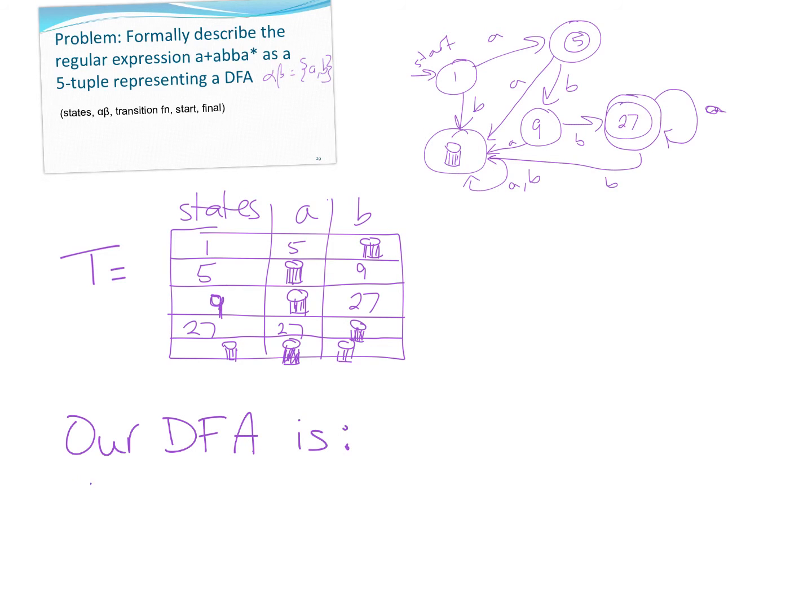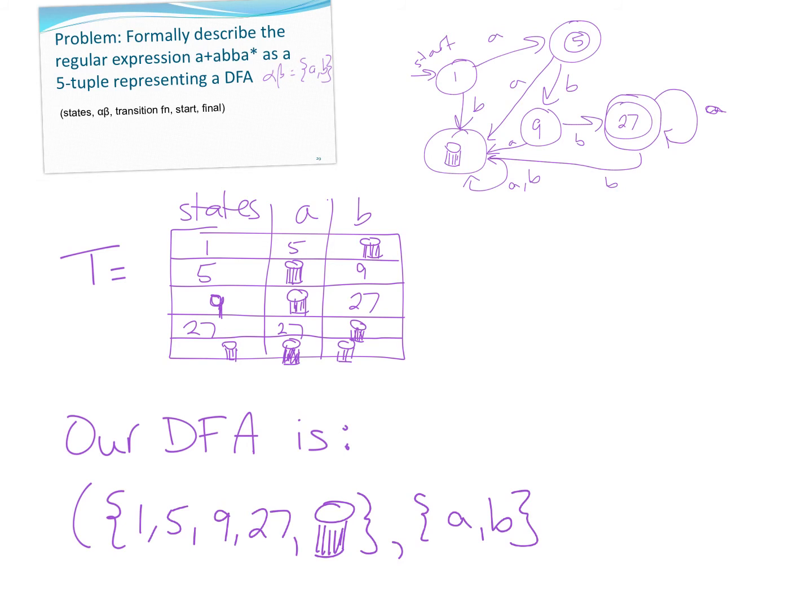is a 5 tuple. The first thing we need to say is our states, right? So we have an interesting list of states. Today our states are 1, 5, 9, 27, and trash can. Set of states. We have an alphabet, which is just 2 symbols, A and B. Our transition function is T, right?